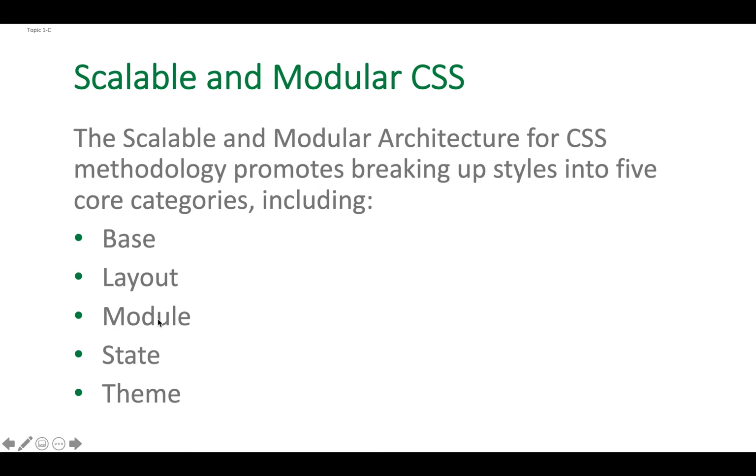So the module styles are like things like the navigation, buttons, any of those kind of things. The state would be like hover over or on click. They might change when they're in a certain state. And then the theme related styles are related to the look of it.